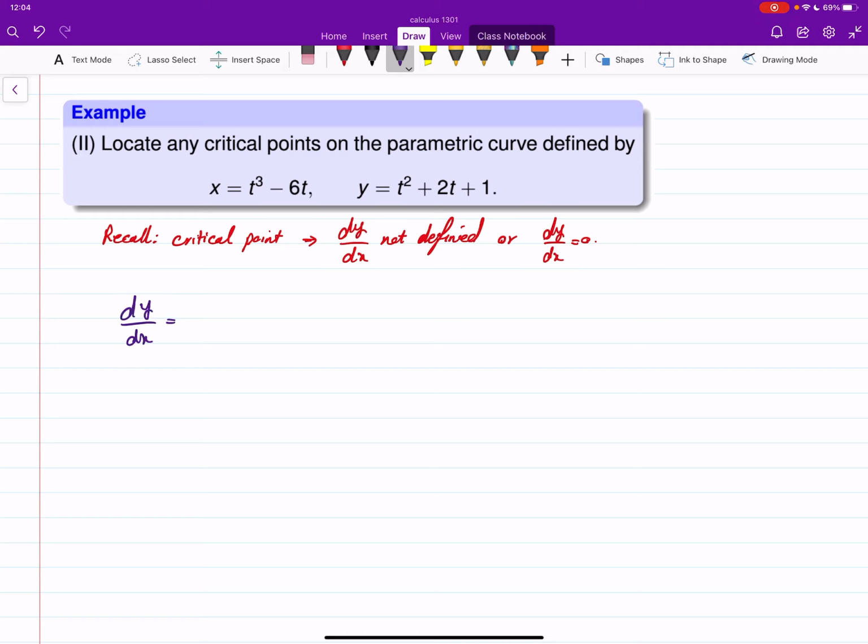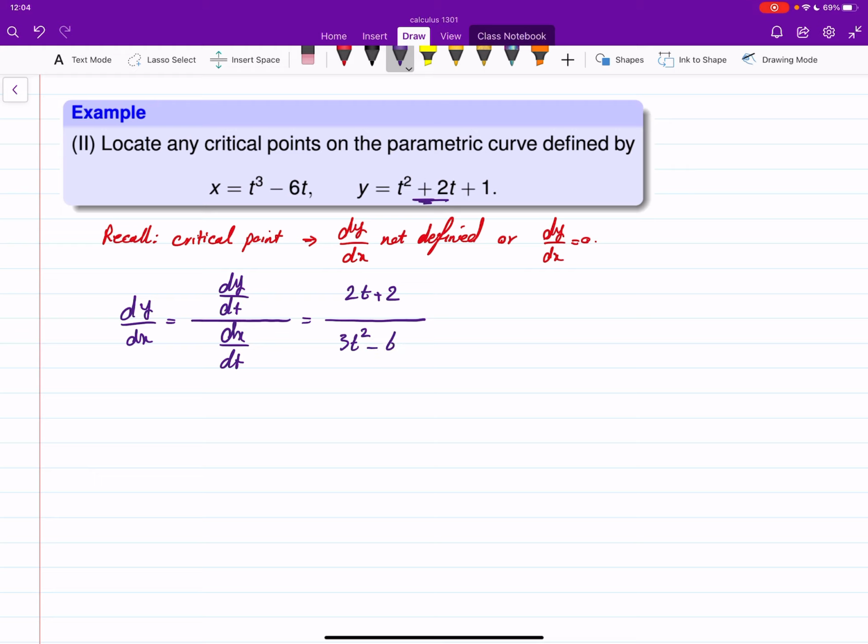Okay, so this means that we have to find the derivative of y with respect to t and the derivative of x with respect to t. Here is 2t plus 2, that's the derivative of y with respect to t, and down there is 3t squared minus 6.